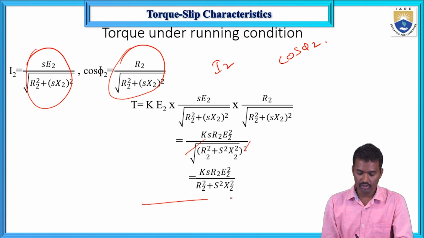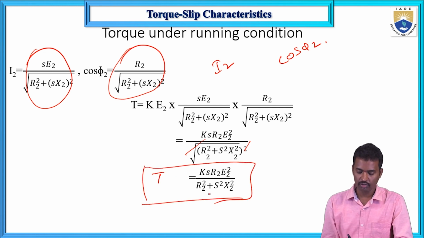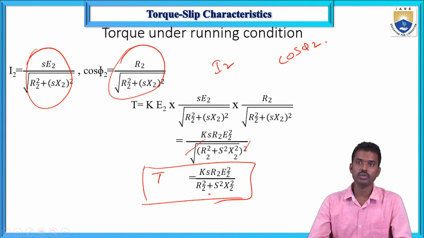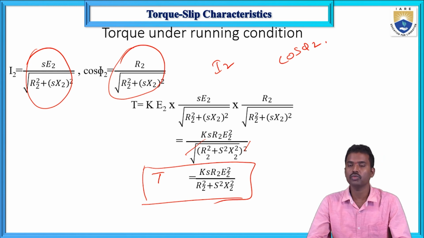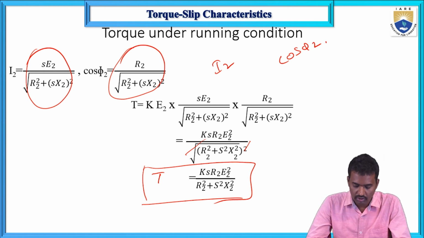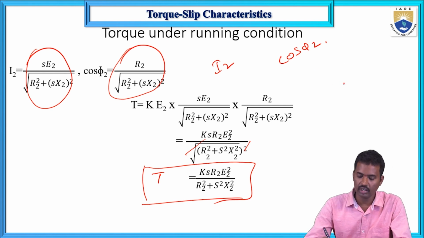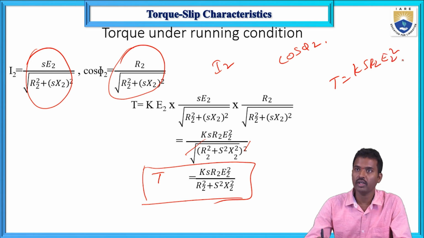So the final equation for torque, this is the final formula, T equals K into S into R2 E2 square divided by R2 square plus S square X2 square.